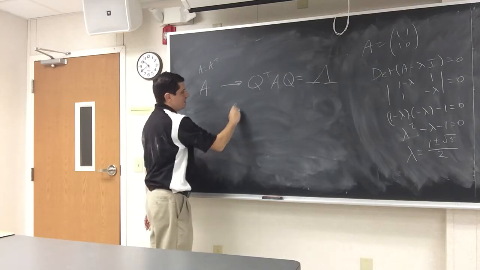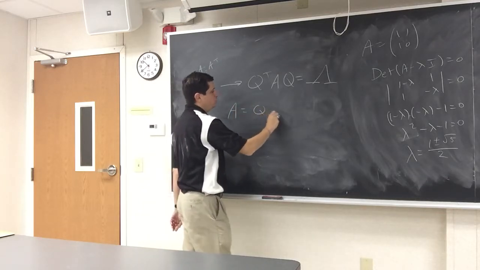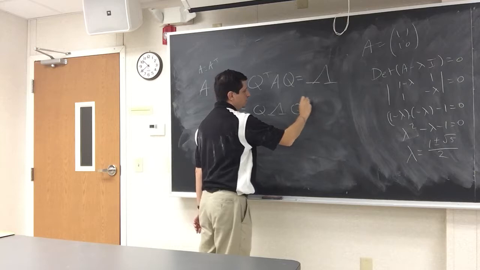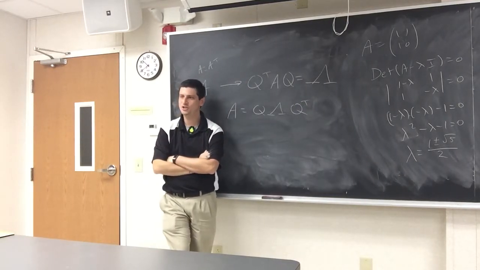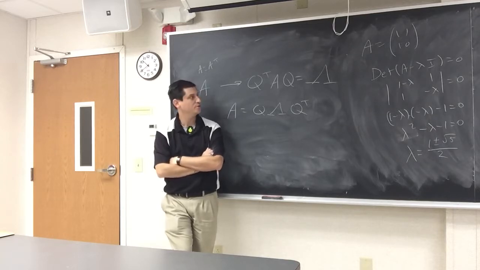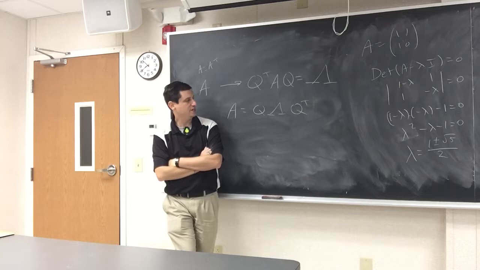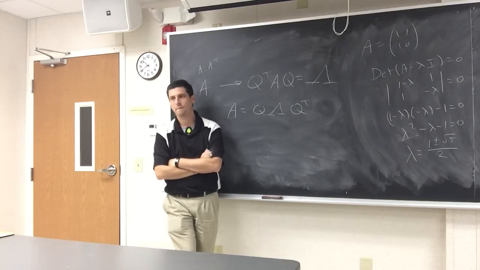Well, this is the same as saying A is equal to Q lambda Q transpose. And this is why I always forget which way the Q and Q transpose go, because if you look at it one way, you do Q transpose AQ. If you look at the other way, it's Q lambda Q transpose.